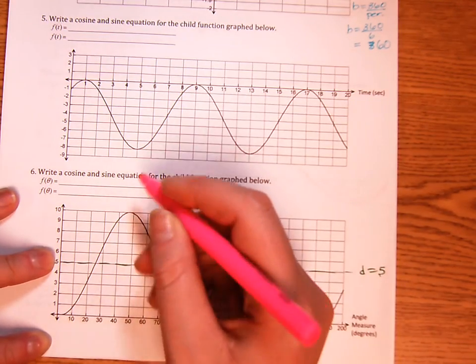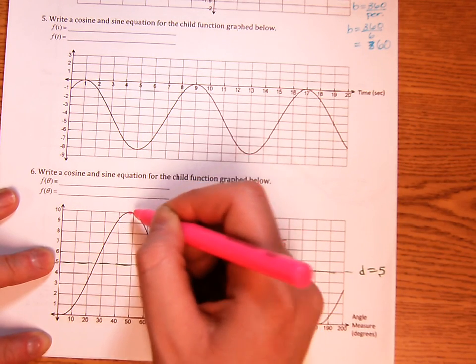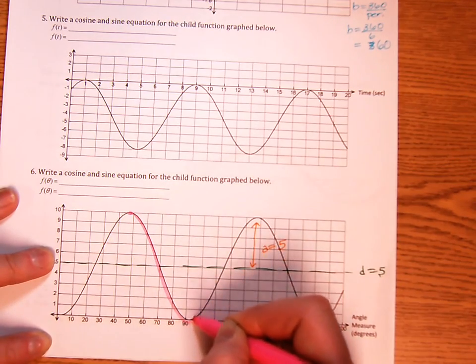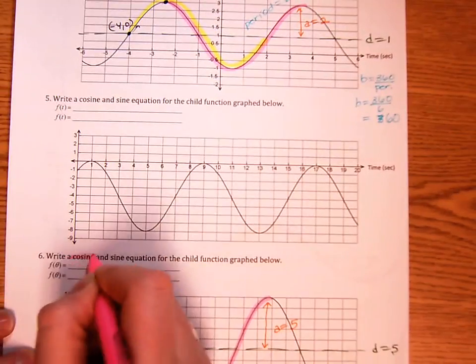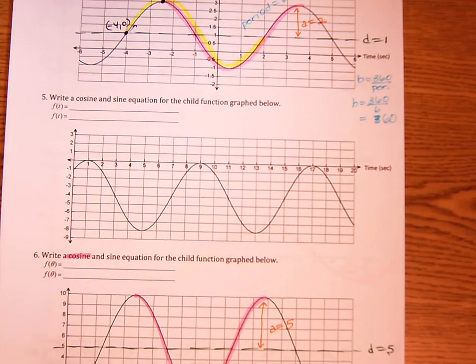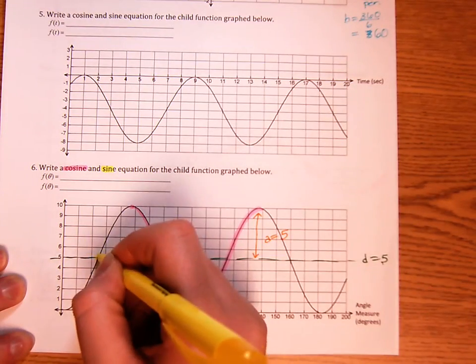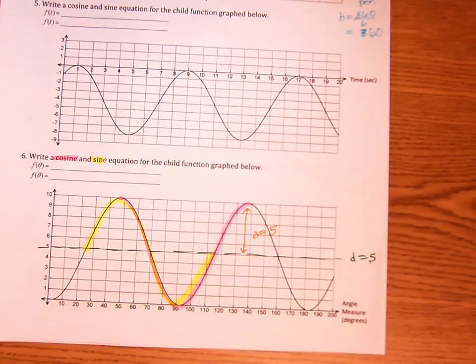It's kind of hard to see what that is, but maybe we'll just estimate. So that would be for cosine, and then for sine, let's say I look from here going through 5 key points to here.